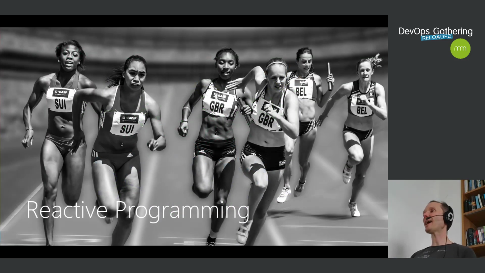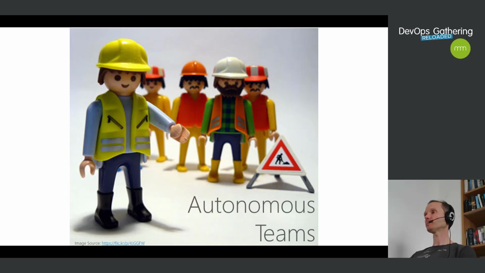And we call this reactive programming. Reactive programming means that we have very loosely coupled microservices that do not communicate directly and synchronously with each other. They do asynchronous communication between each other. They are passing on messages and events. And this reactive programming model is also something that is very commonly used when it comes to serverless programming. Why? We will talk about that later when I show you some demos, how Microsoft implemented that in Azure.